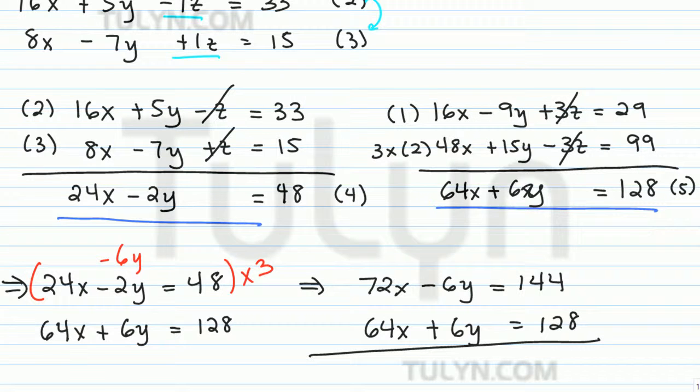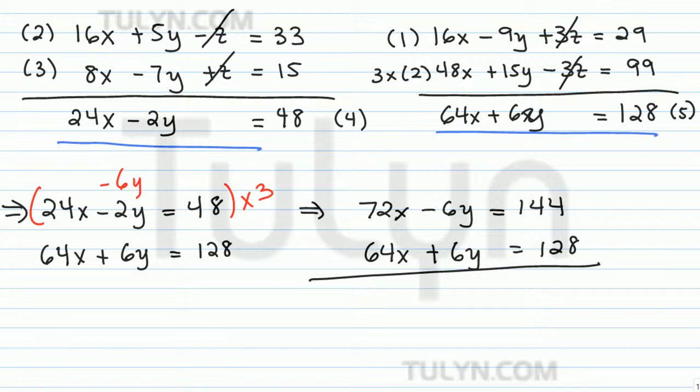So 72x plus 64x is going to give us 136x. The y's cancel out, and then these two big numbers combine to form a bigger number, which is 272. And then if we divide both sides by 136, we find that x is equal to 2.